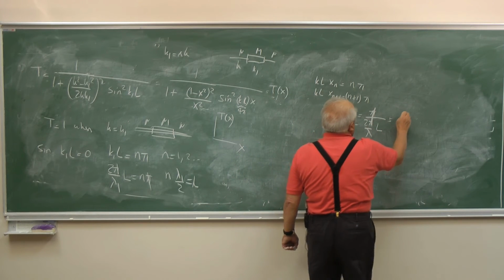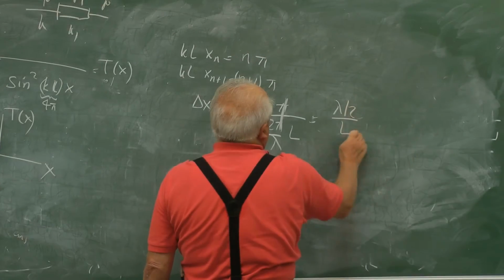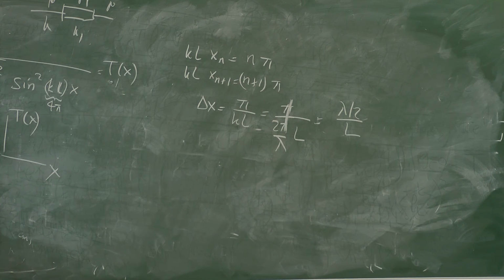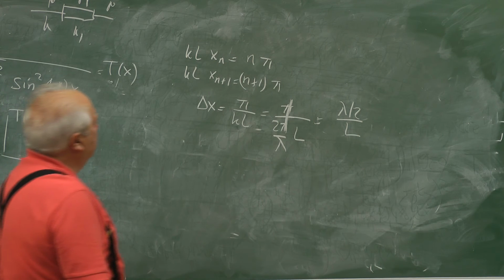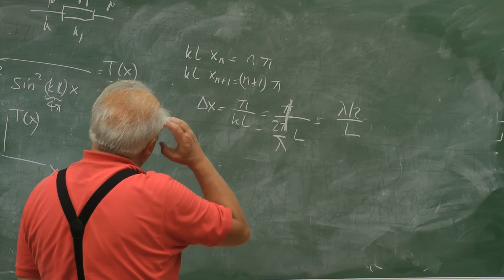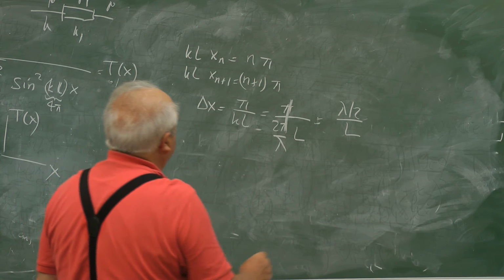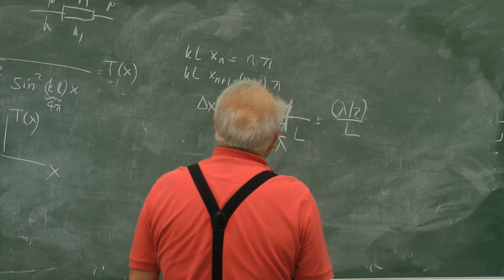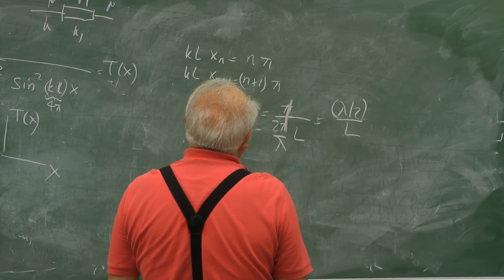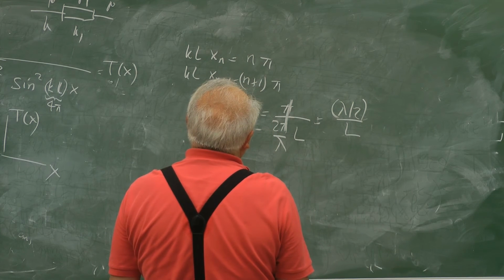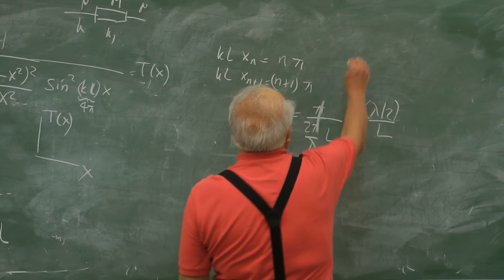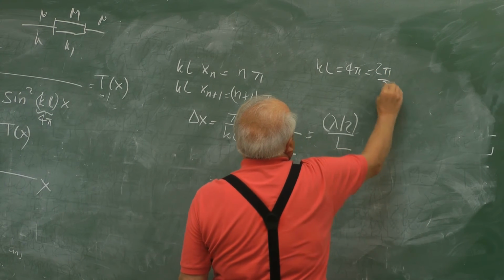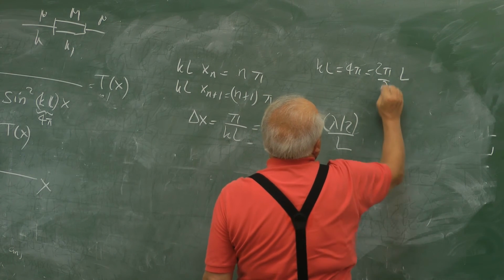So it is lambda over 2 over L. So if, for example, KL is 4 pi, that's 2 pi over lambda L. Pi is cancelled.